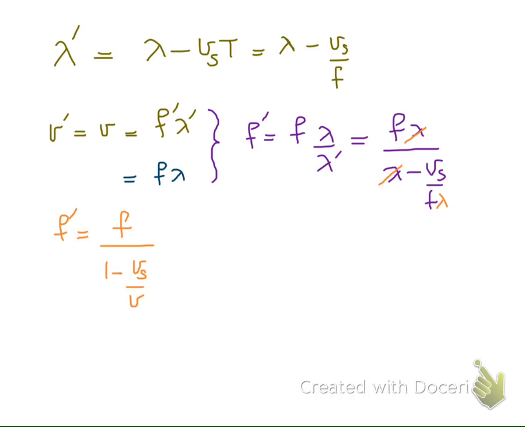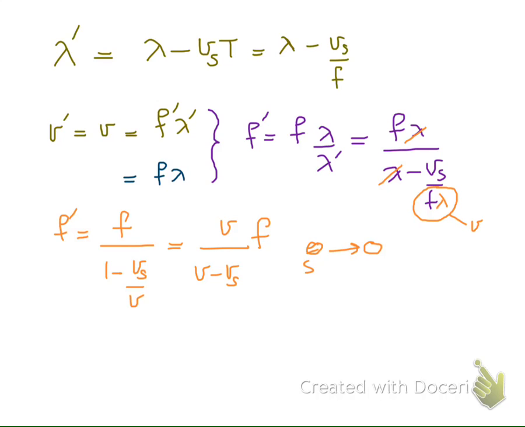This comes from the fact that f lambda is equal to v. Or we can have this equal to v over v minus Vs times f. So this is the situation where the source moves toward the observer.